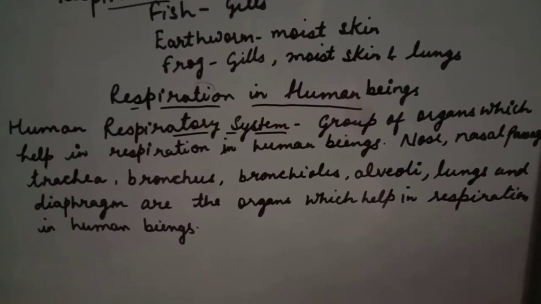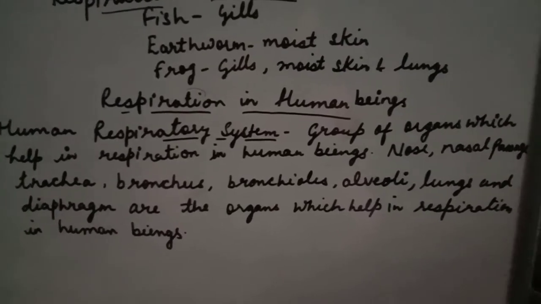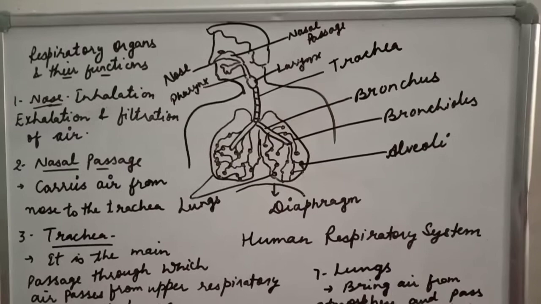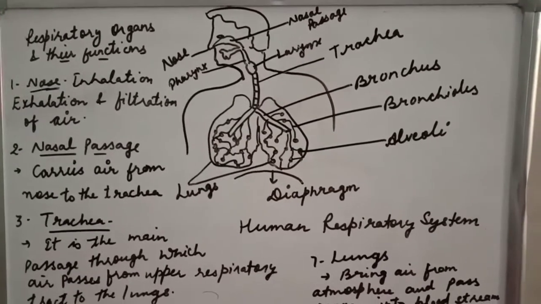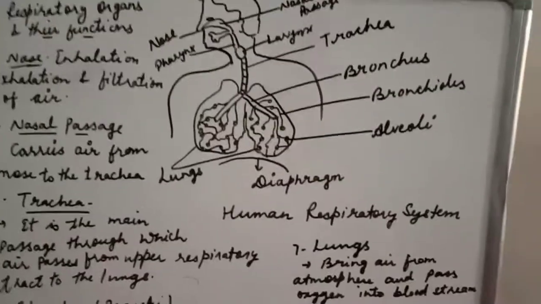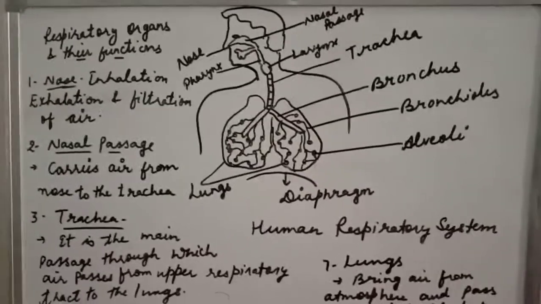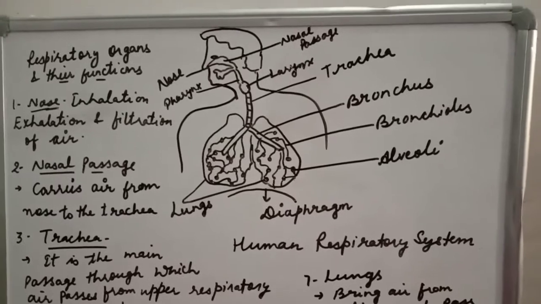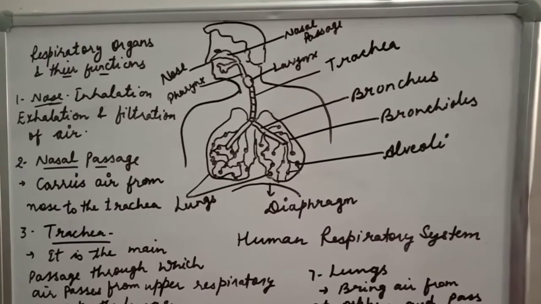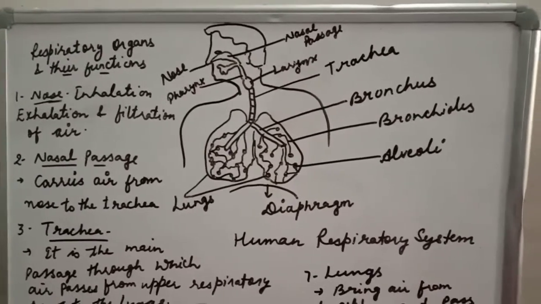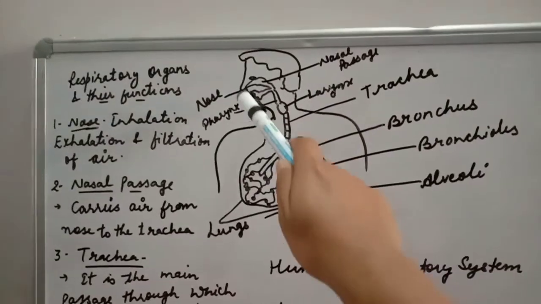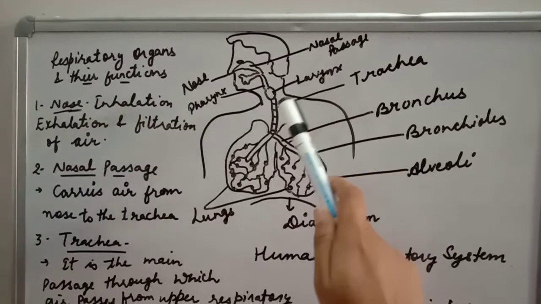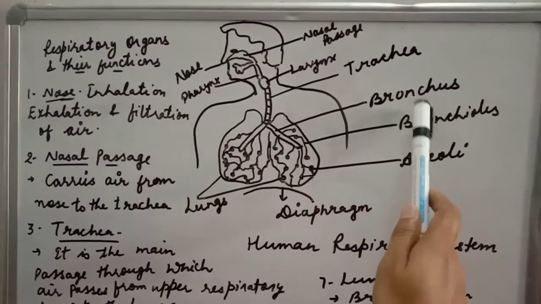Now we will see the structure of human respiratory system. Now here we have human respiratory system, the structure of human respiratory system. Now, as I have told you that there are many organs which help in respiration in human beings. So they make the human respiratory system. First, nose, we are having nasal passage, trachea, bronchus.